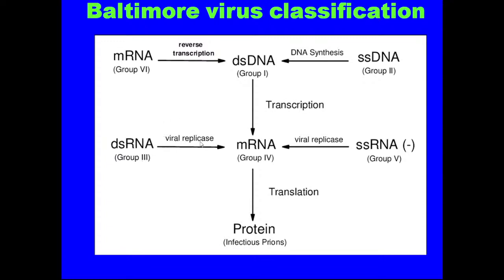So, with the help of viral polymerase or replicase, double-stranded RNA viruses will produce mRNA, and then this mRNA will be sent to the ribosomes for translation. That is the strategy: double-stranded RNA, then mRNA, then protein. Then the group 4 viruses with positive sense RNA.